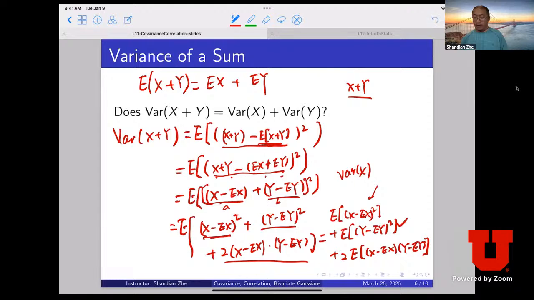Yeah, variance of y. How about the third term? And then the third term is simply 2 times the covariance between x and y.